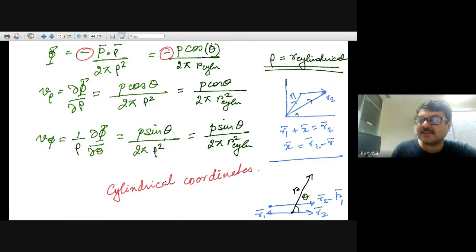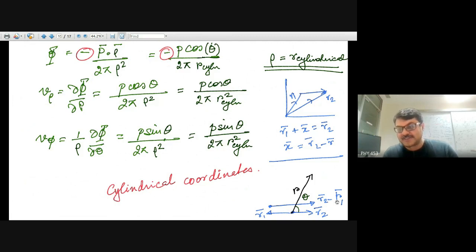Then R1 plus x equal to R2, or x equal to R2 minus R1. If this was x, then R1 plus x equal to R2, so x equal to R2 minus R1. But what is the direction of R2 minus R1? It goes from point 1 to 2.